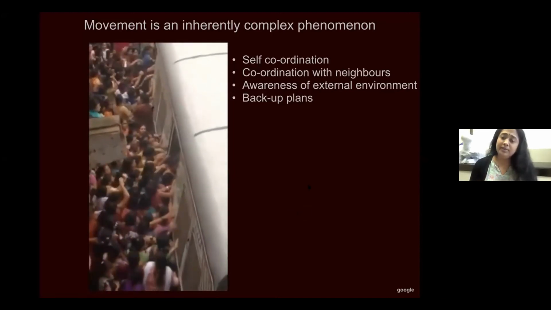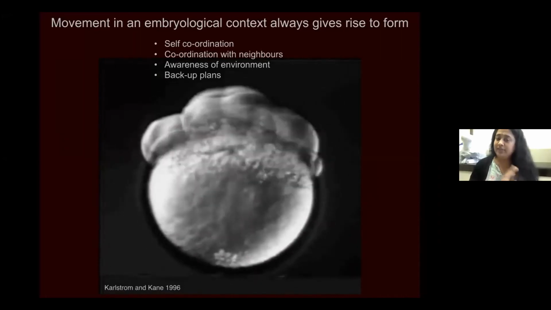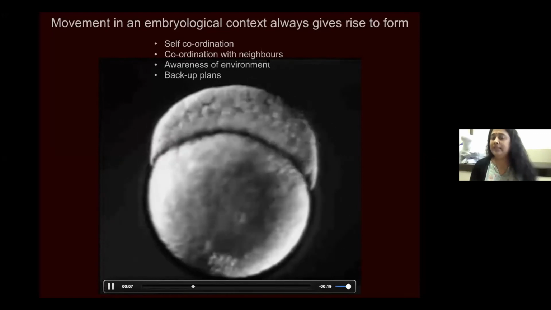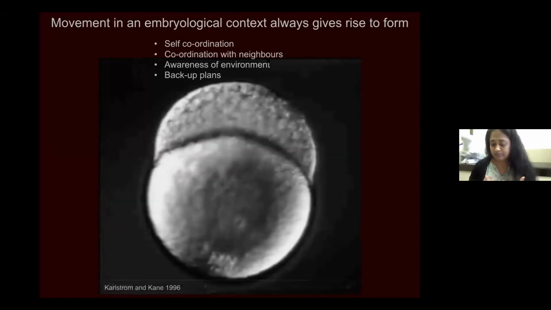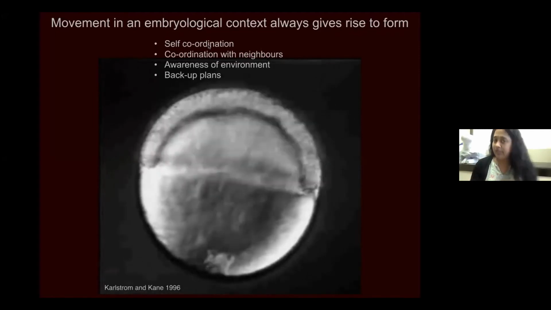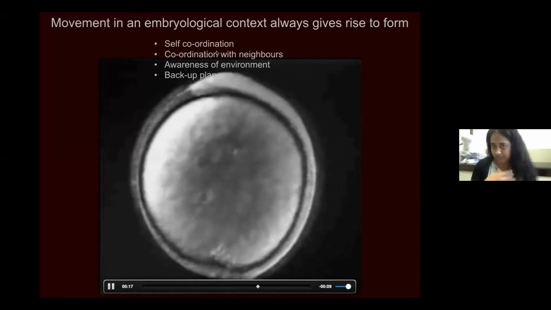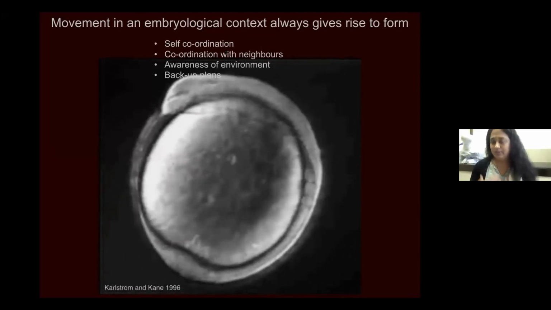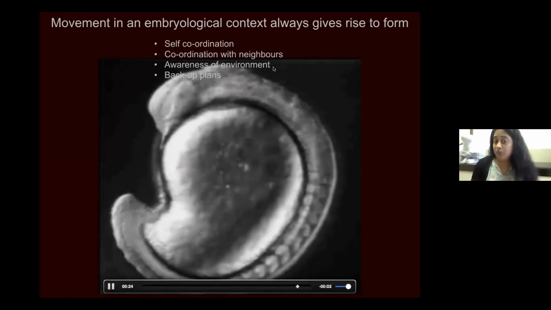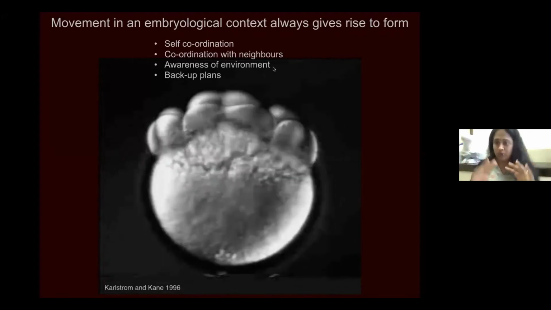Now in development, in animal embryos, movement always gives rise to form. So anything that moves, the purpose of that movement is to achieve 3D form. So again, the same principles of complex movement hold true, which is that there has to be coordination amongst self-awareness and coordination with neighbors. You need to be aware not just of who is right next to you, but the overall environment.